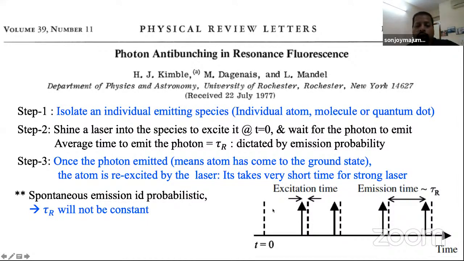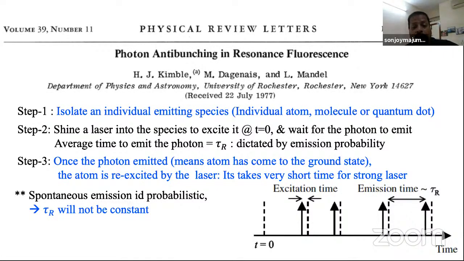The atom absorbs the light and goes to the excited state, then emission; again the atom absorbs light, gets excited, and again emission. For each emission you get one single photon. These photons are not coming at an equal time interval, but there is some time interval, and there is no possibility that two photons come together.